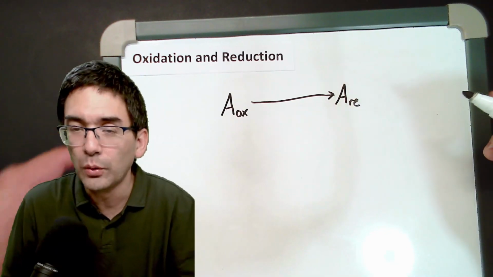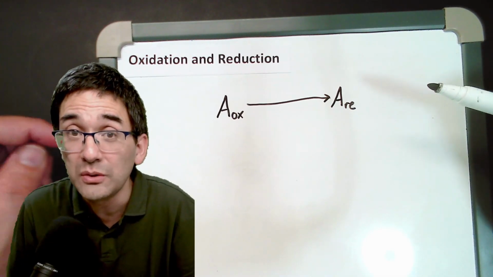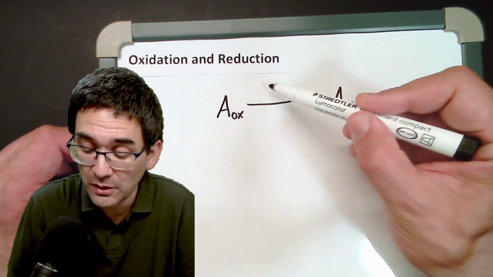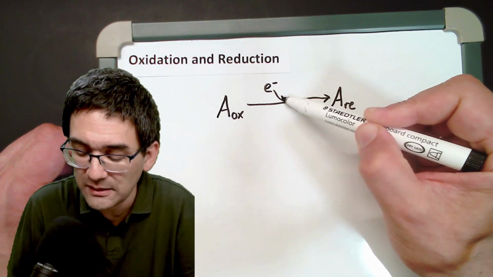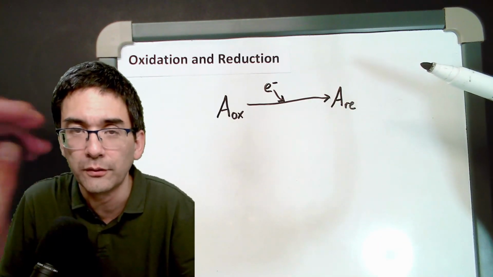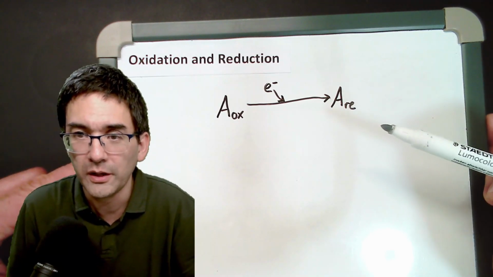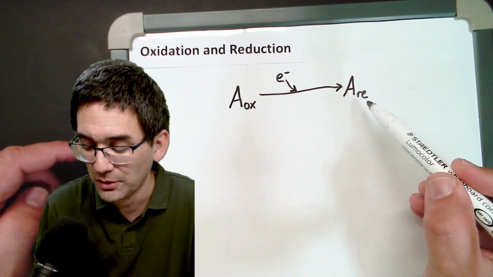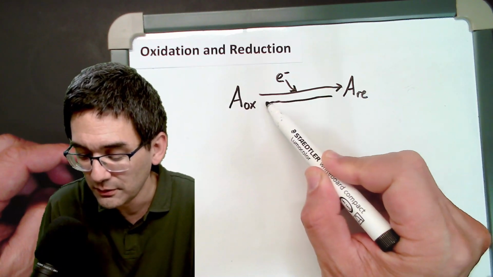Okay, and what needs to happen for this to happen? Well, you need to add electrons. So I write abbreviated e minus, that's my electron, and I have to add this electron, and then substance A becomes reduced. So that is one way of writing it. And the other way around is if I want to go the other direction over here, that's also possible.